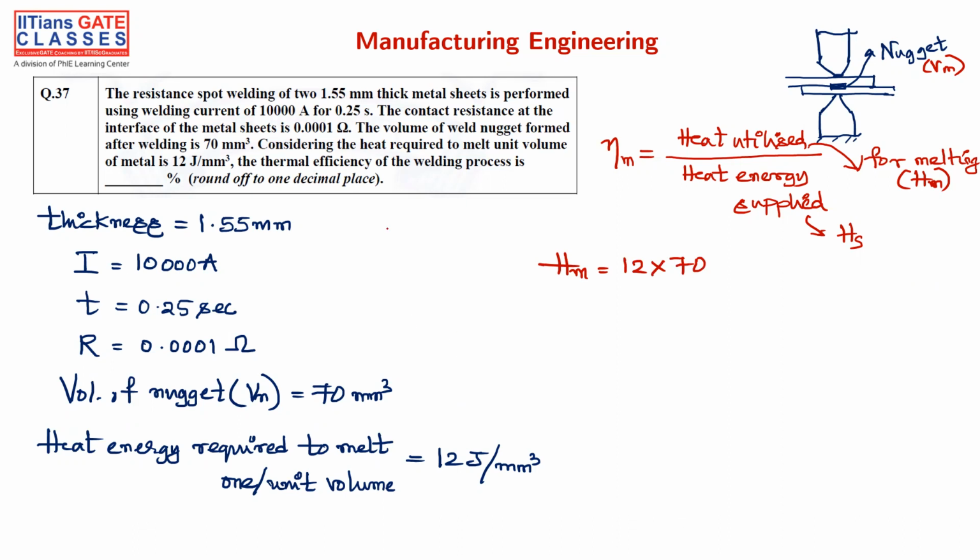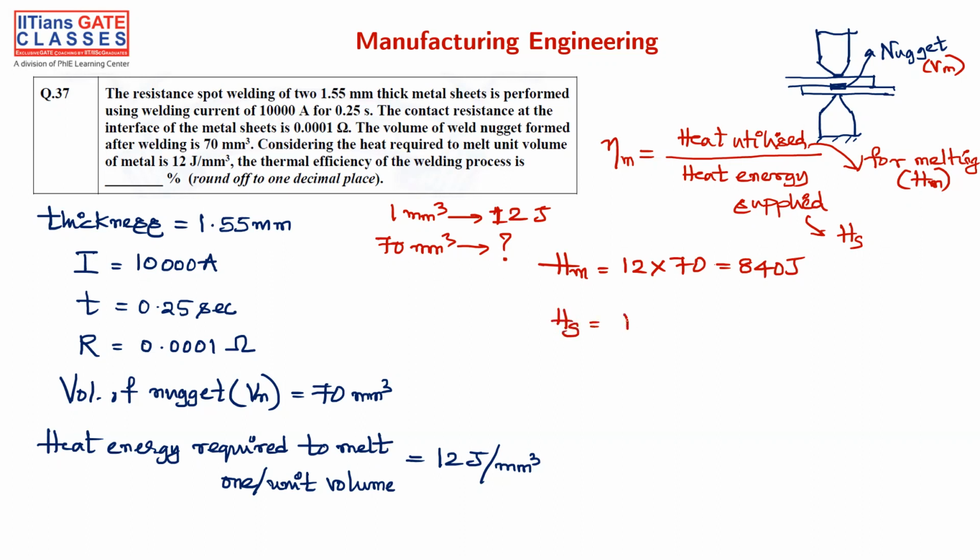For 1 mm cube you require 12 joules, so for 70 mm cube, obviously it is 12 into 70. This gives 840 joules, the heat of melting, that is the heat utilized.